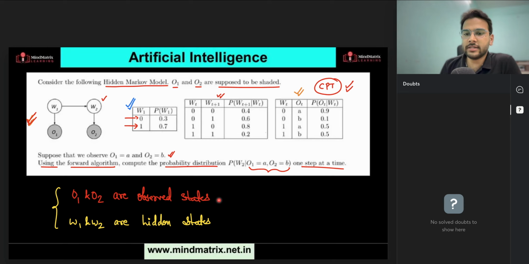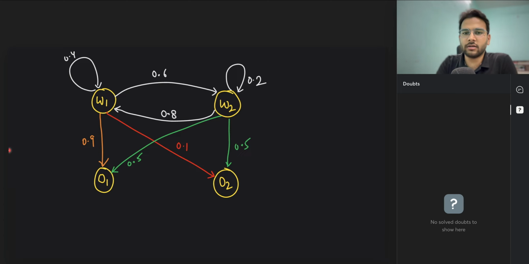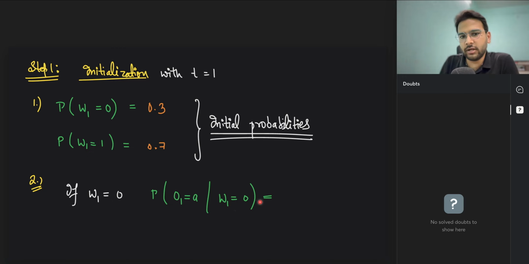By looking at the CPT, the probability of O1 equal to A given W1 equal to 0. Yes, exactly, that is correct. That is 0.9, right? That is nothing but 0.9.